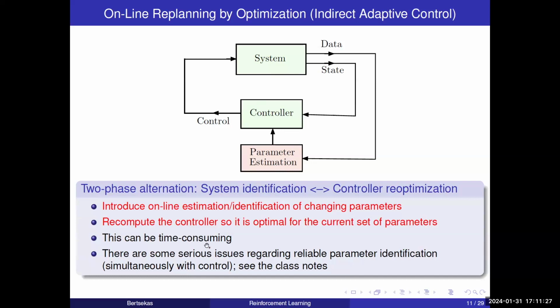They found some strange phenomena where, by simultaneously estimating parameters and controlling the system, the application of control would shield some of the system parameters from identification, and the whole thing may fail. And there's an example like that in your textbook. If you look at the adaptive control section in chapter 1, there's an example like that.